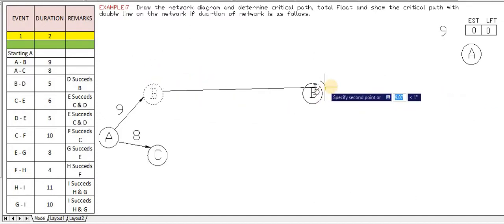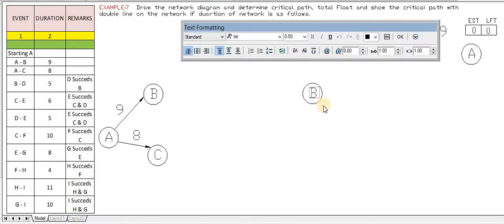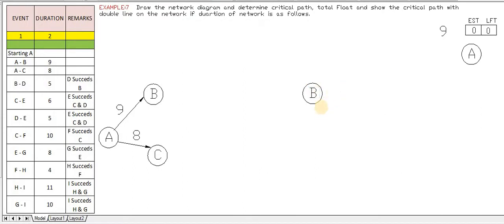So we will copy this and paste it here, or somewhere near, because more space will be required. So here this point is B to D, that means this point is D.